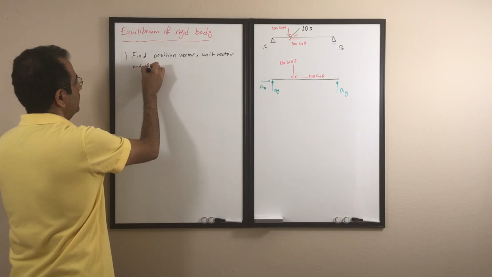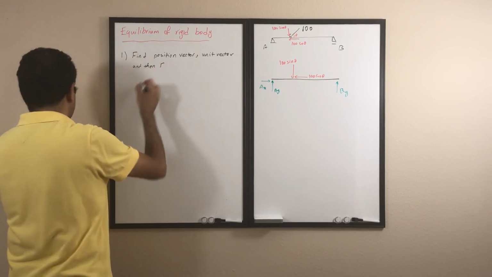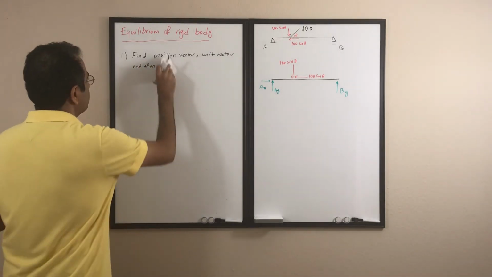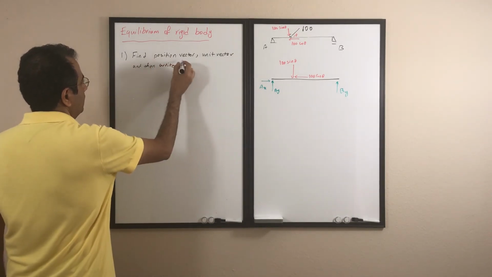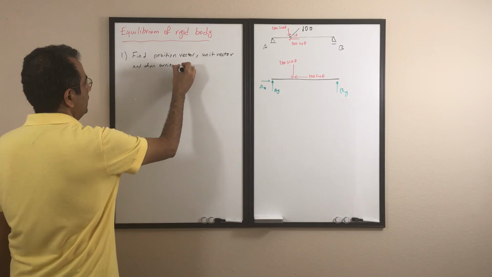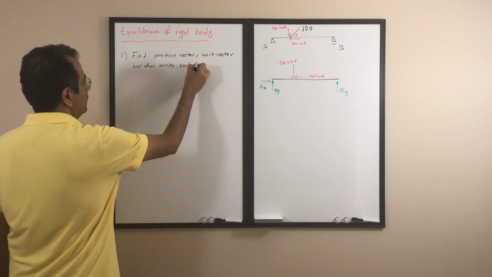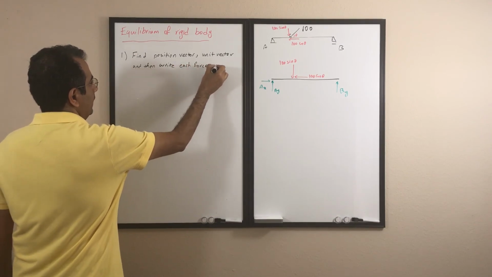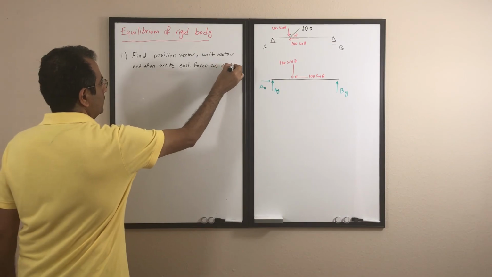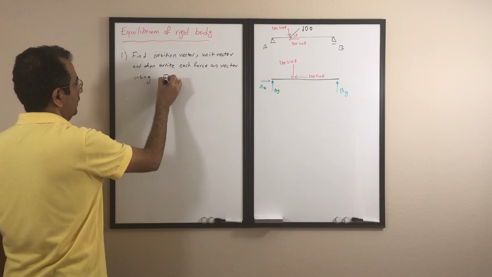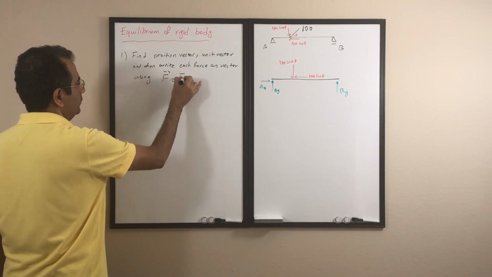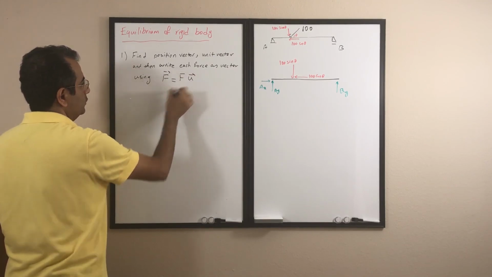and then write each force as a vector using this equation, where F is the magnitude of the force times the unit vector.